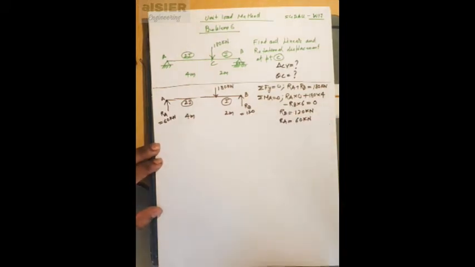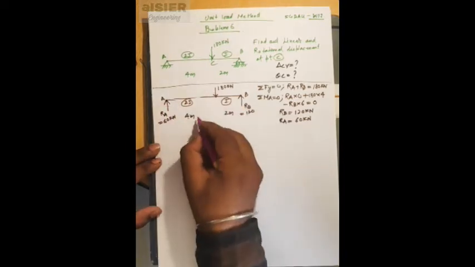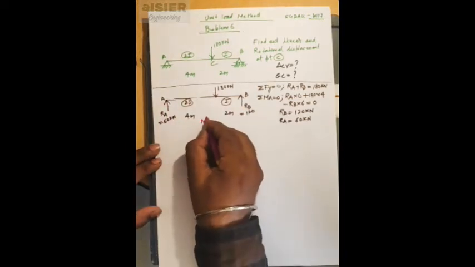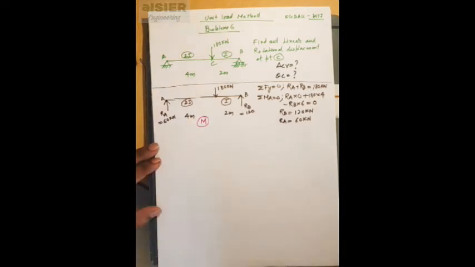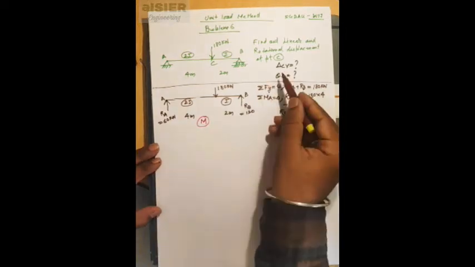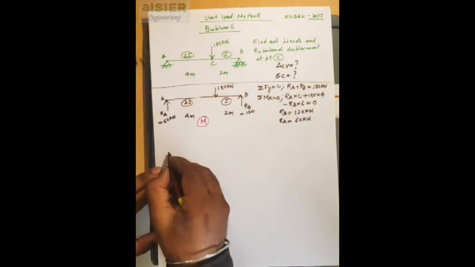Now as we have seen earlier that we have to name the diagram. So a diagram with original loading, we will name it as M diagram. Now we need to calculate vertical deflection at C. So we will draw another diagram here.